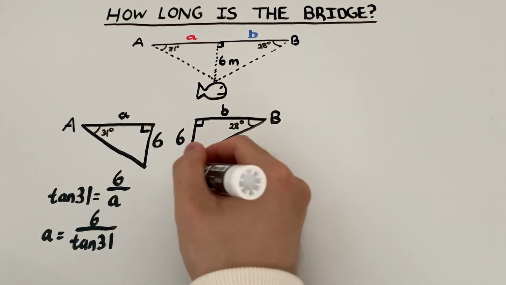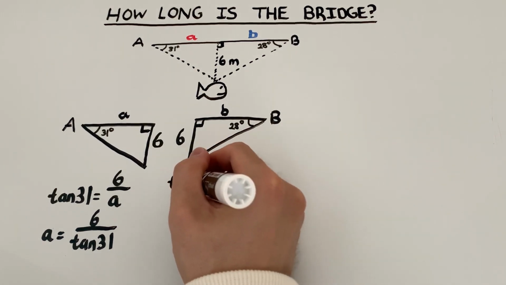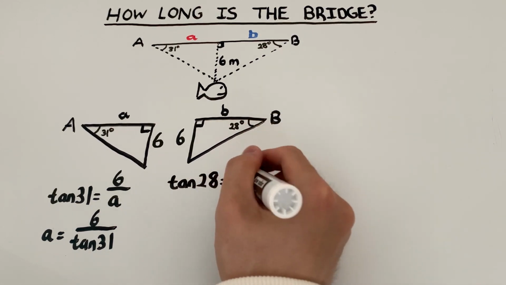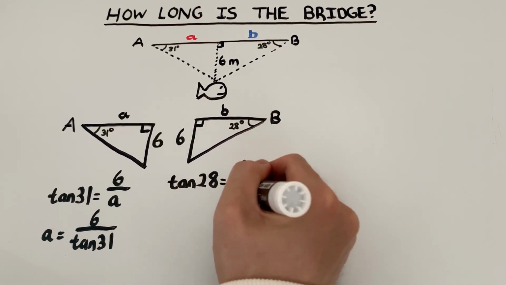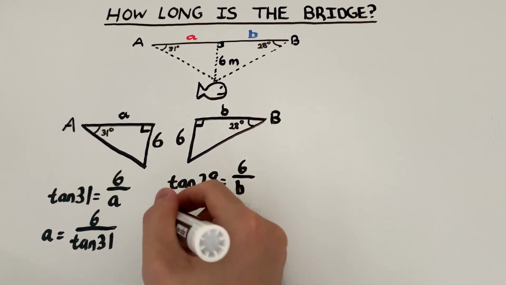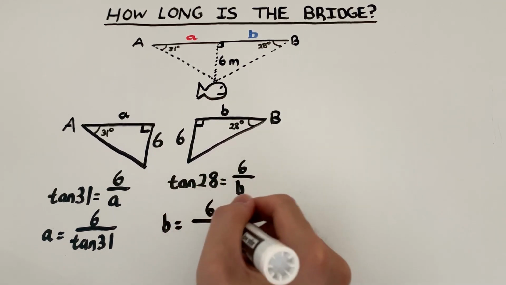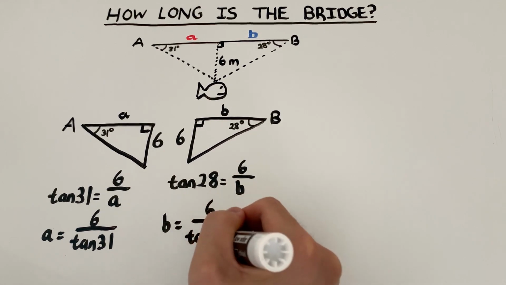This time, tangent 28 is going to be equal to opposite 6 over adjacent b. Solve for b, and we get b equal to 6 over tan 28.